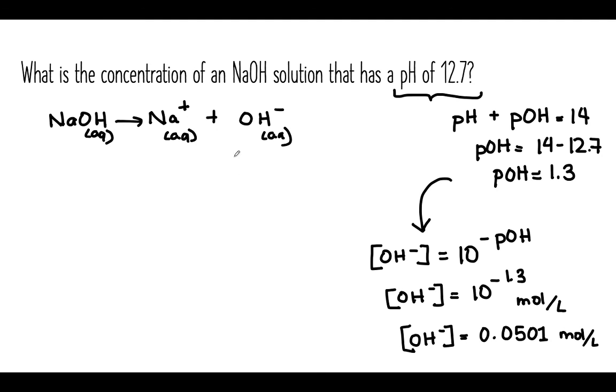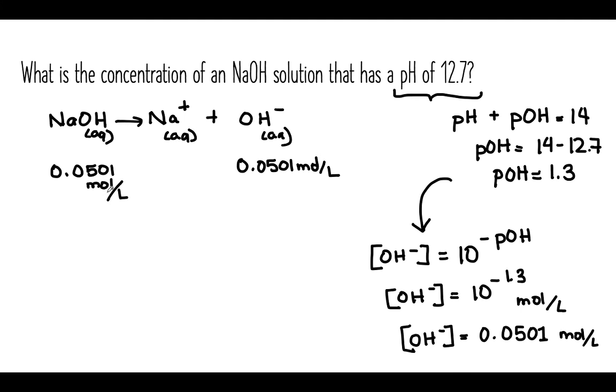Okay, and now that I have the concentration of OH minus, 0.0501 moles per liter, we can sort of work backwards. If the concentration of OH minus is 0.0501, then the concentration of NaOH must be the same, because we know that it's a strong base and it breaks apart completely into Na plus and OH minus.